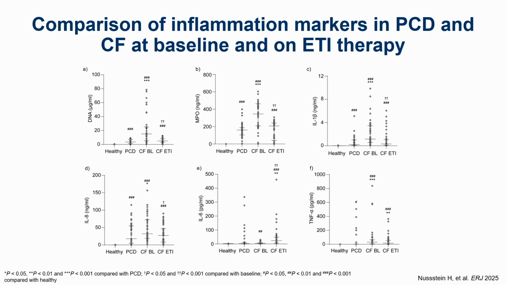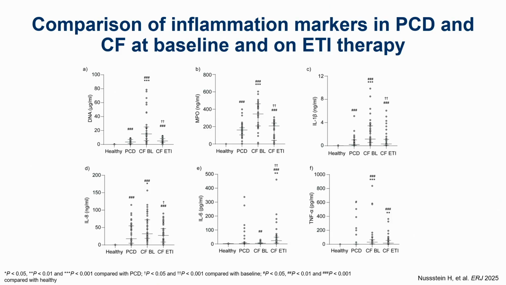We then also determined different inflammation markers. Here in the upper row: free DNA, MPO, IL-1 beta, IL-8, IL-6, and TNF. These are all inflammation markers that are known to be implicated in lung disease.